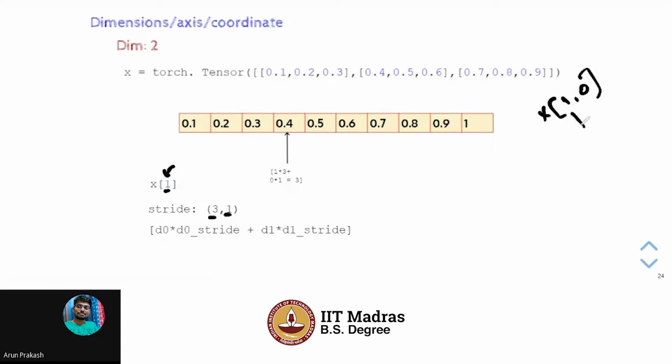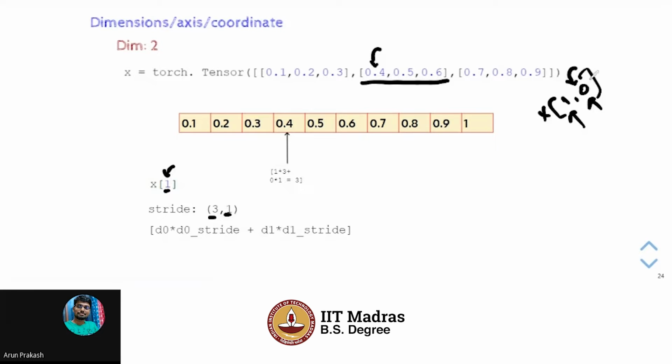Here this is the index for dimension 0, and this is the index for dimension 1. So visually, it goes to this element, which is the first element in dimension 0, and then takes the 0th element, which means the element at the 0th index, from the retrieved element, which is 0.4.